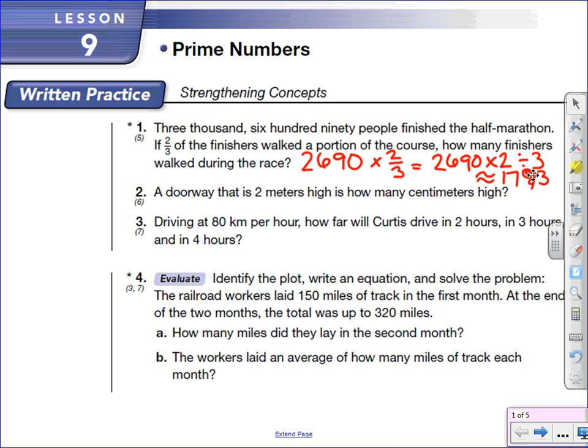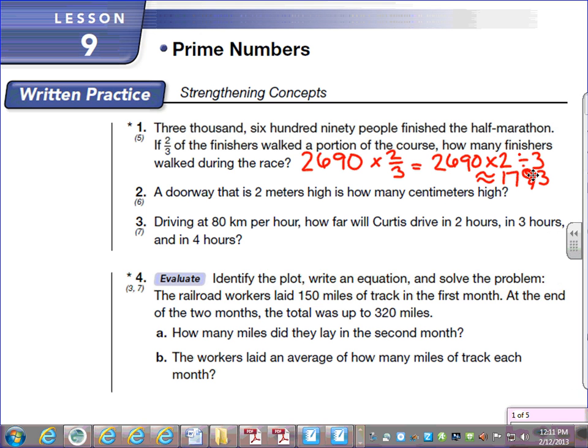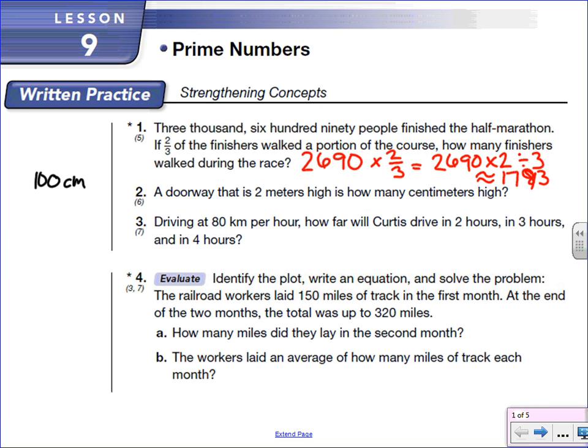A doorway that is 2 meters high is how many centimeters high? Well, the conversion is 100 centimeters equals 1 meter. So the two fractions we can have are 100 centimeters over 1 meter, or 1 meter over 100 centimeters.